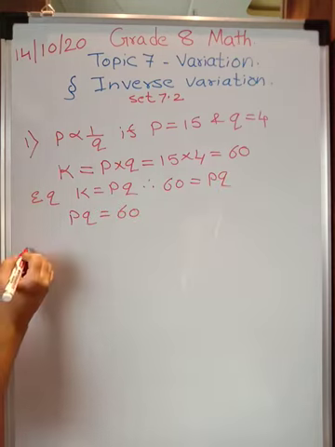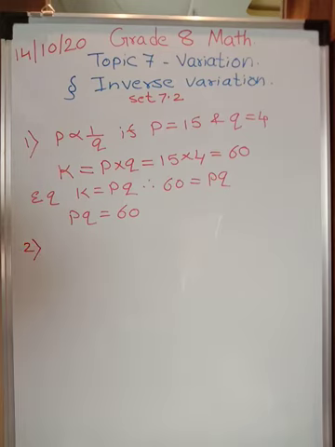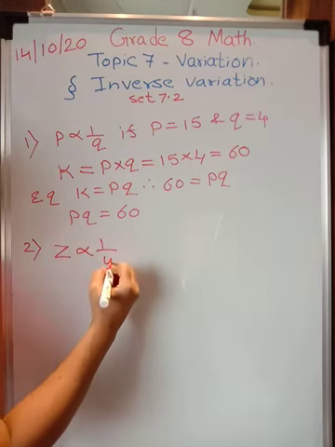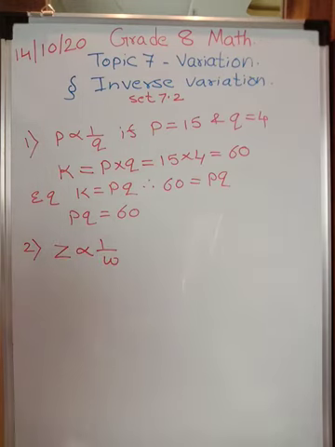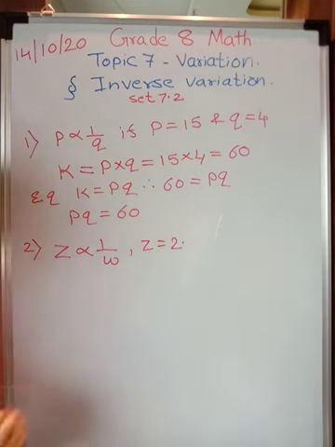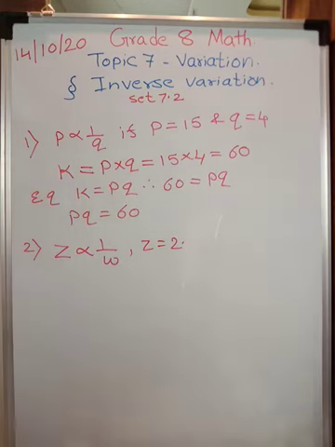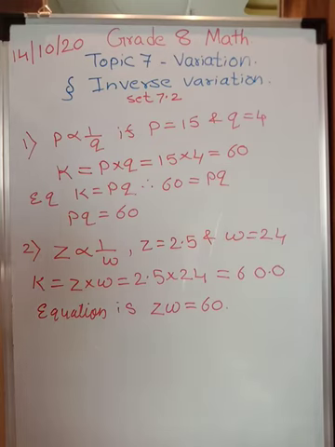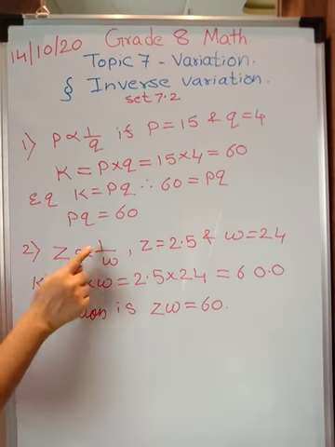Got it? Now let's do second also. What they have given second? Z is inversely proportional to 1 upon W. Alright. Now Z is 2.5 and W is 24. Now Z is proportional to 1 upon W. That means Z is inversely proportional.